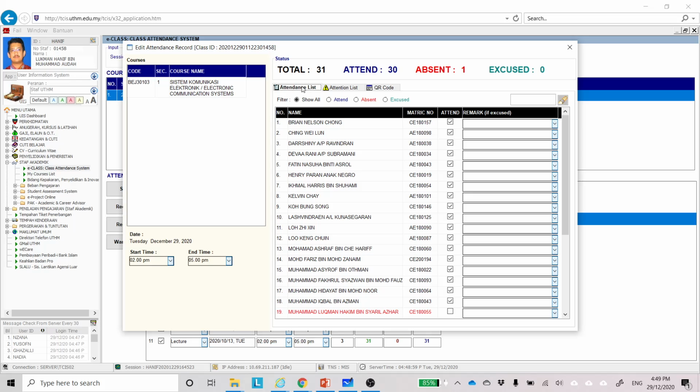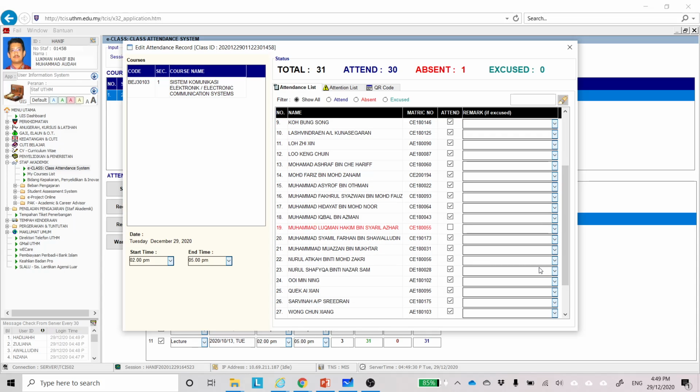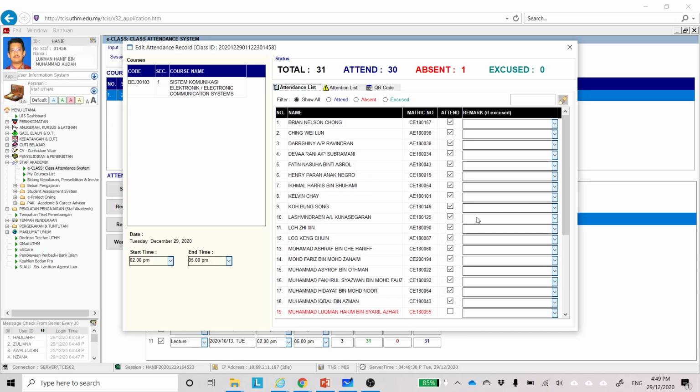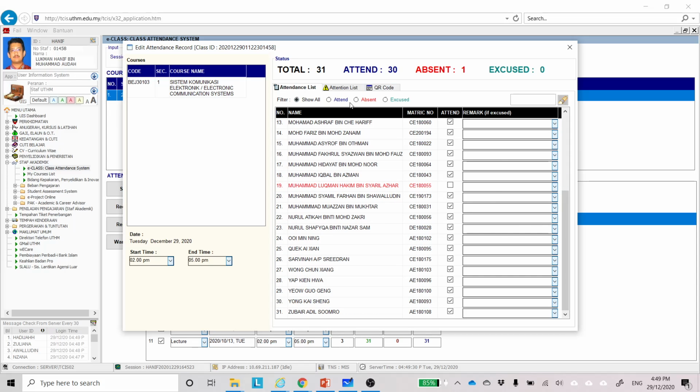So Lukman Hakim tak datang. Tak tahu, doktor tak kenal. Okay. So Lukman Hakim saya dah panggil beberapa kali. So tak adalah Lukman Hakim. Group member pun tak ada nampak dia hari ni. So mungkin dia tak adalah. Tak ada.